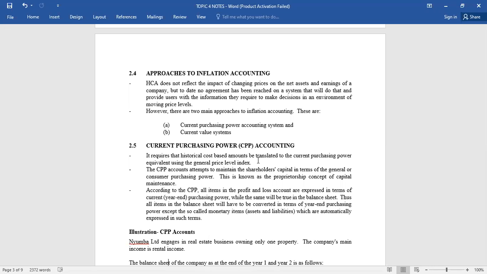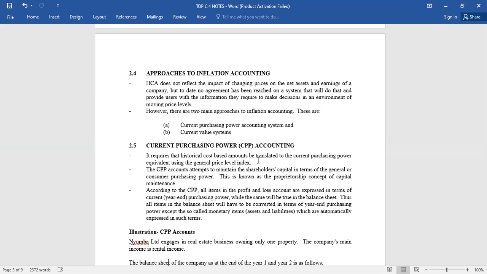And it requires that the historical cost be based on the amounts that can be translated to the current purchasing power equivalent using the general price level index. So we are saying that the current purchasing power attempts to maintain the shareholders' capital in terms of general consumer purchasing power at current. And that's why we are calling it the proprietorship concept of capital maintenance.